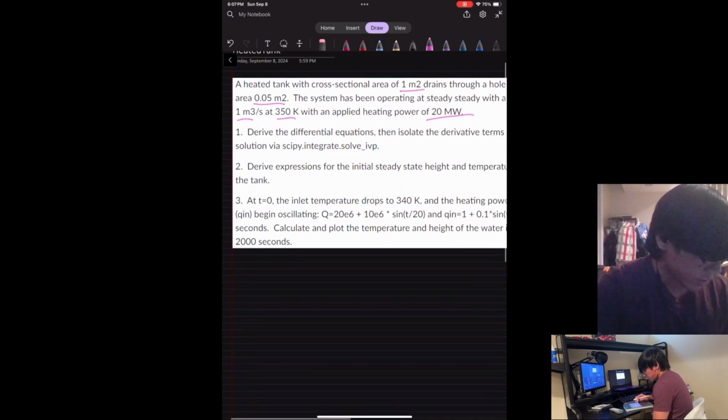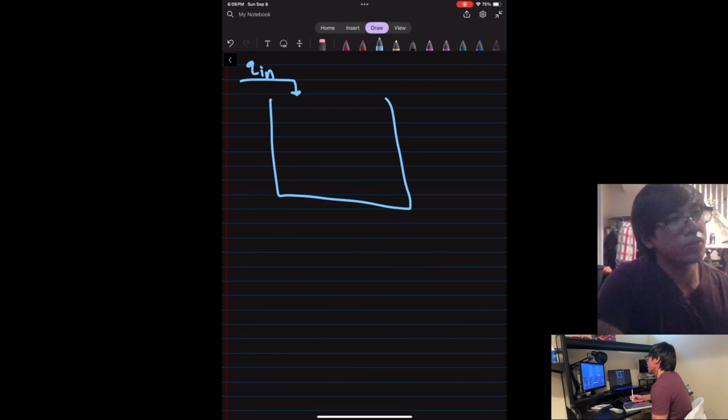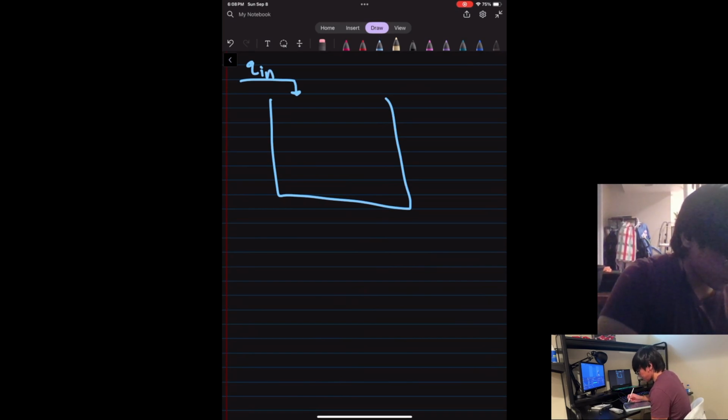So let's go ahead and draw this out so we can visualize what we're looking at here. So we have another tank, Q inlet flow, our volumetric flow, as well as we're going to assume this is a perfectly mixed substance, and that'll make more sense later. And then we also have our heated coil adding some power to the system.